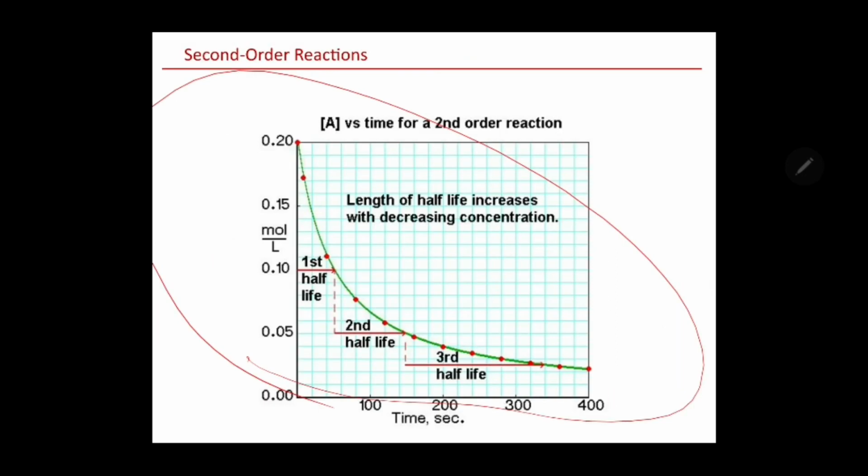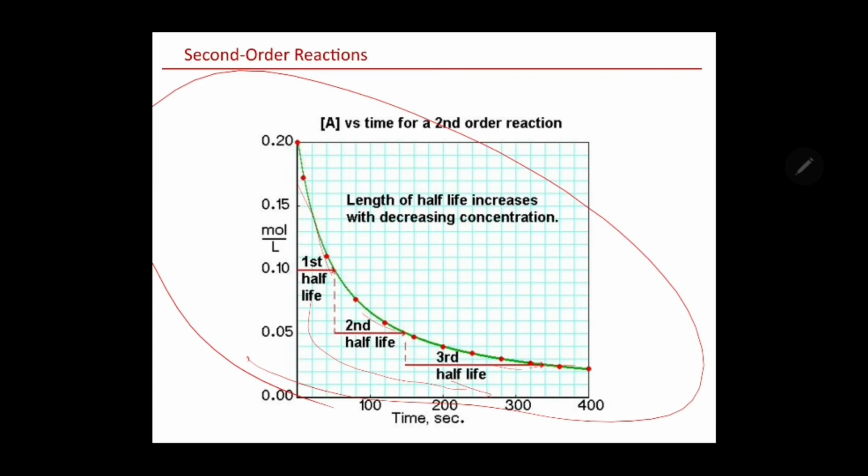This is the formula for second order reactions. And as you see here, just like first order reactions, the rate of the reaction will change with time. But the difference between first order and second order reactions is that the half-life will increase with time.